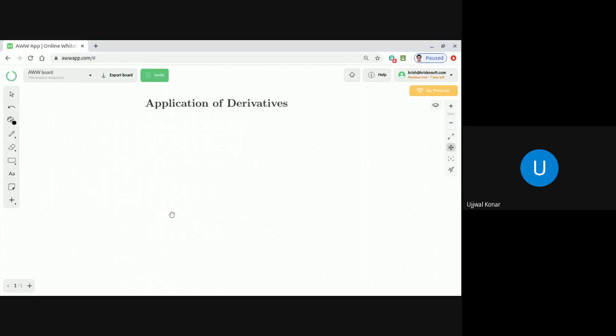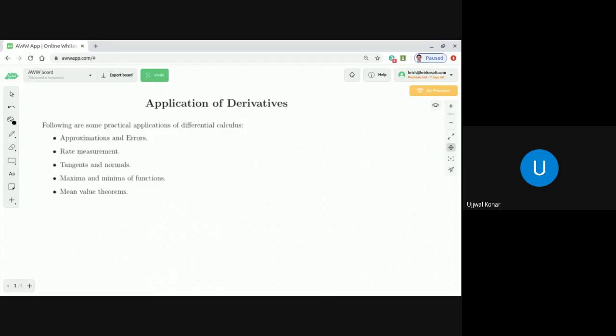The second one is rate measurement. The third one, as you see, is tangents and normals. The fourth one is maxima and minima of functions. And the fifth one is the mean value theorems.